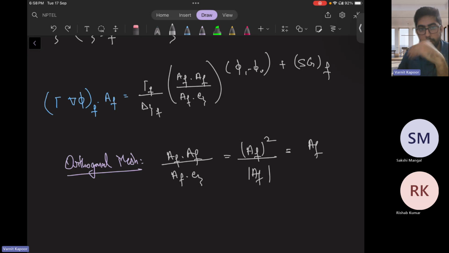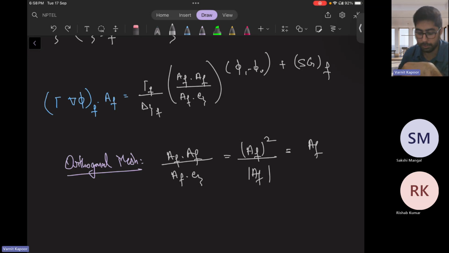So when you have done it as an orthogonal mesh, the formula would have to revert back to the right expression corresponding to this orthogonal mesh. So gamma f AF by E del zeta F can be written like this.